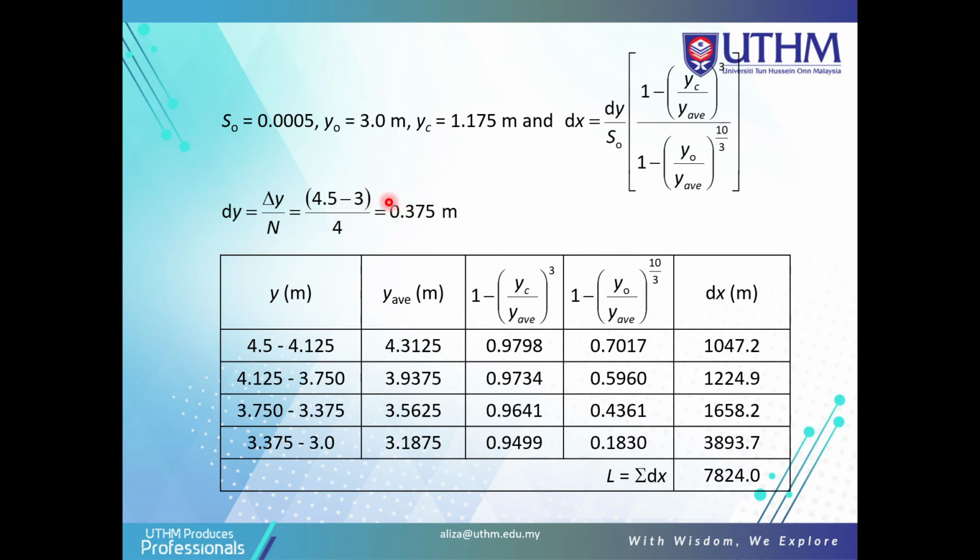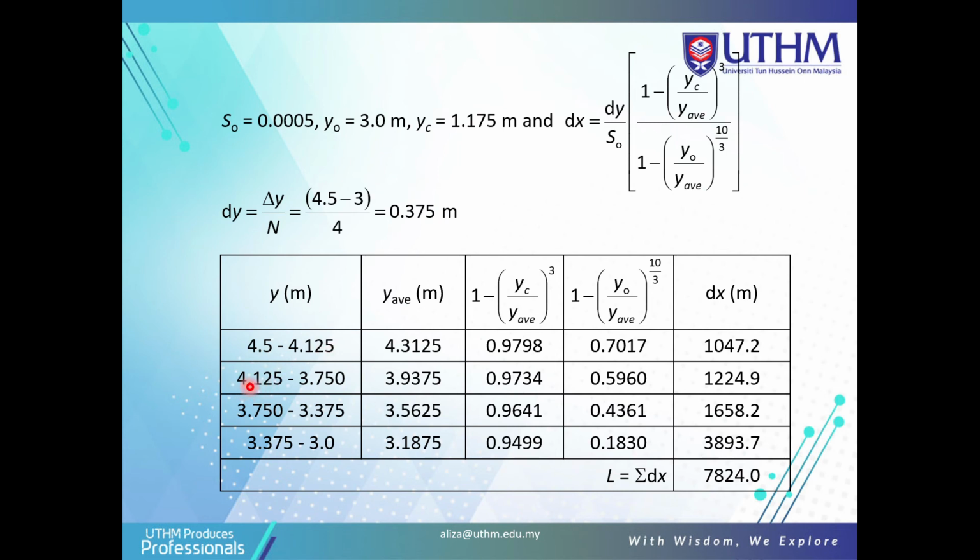The difference is 0.375 meter. There are 4 steps, so we have rows 1, 2, 3, 4 here. From 4.5 minus 0.375, we get 4.125.